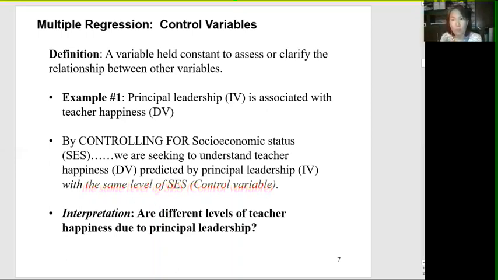Whenever you explain the relationship between your independent variable and dependent variable, you have to include controlling for all other factors being the same. That is something you need to remember, okay?